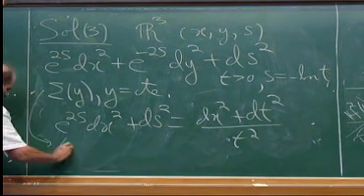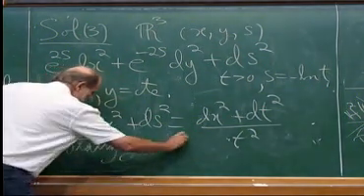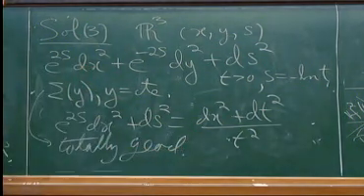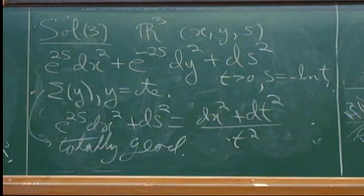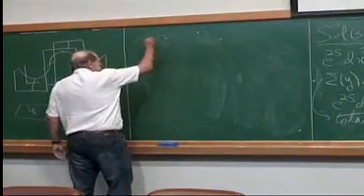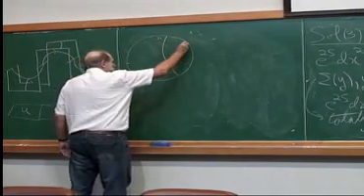It's totally geodesic. So we have a foliation by these planes, y equals constant. They're totally geodesic. And what does the s flow look like? Well, we know what that is. We take a geodesic here.